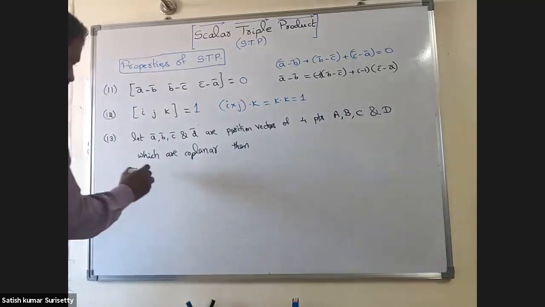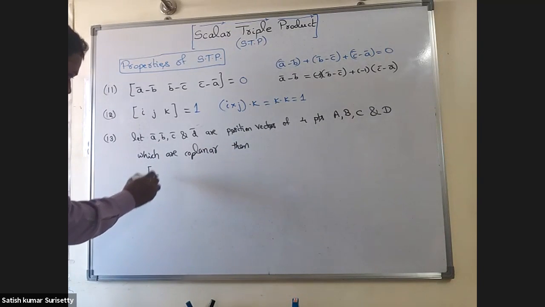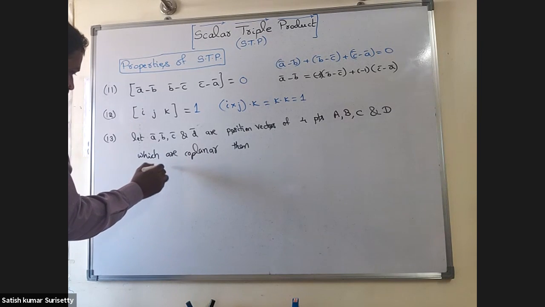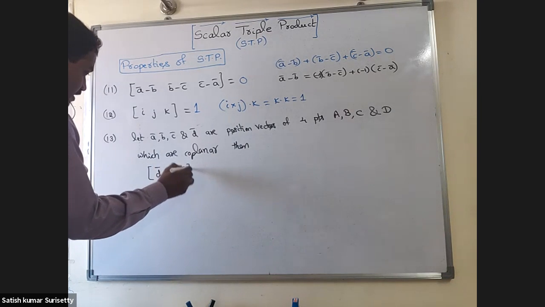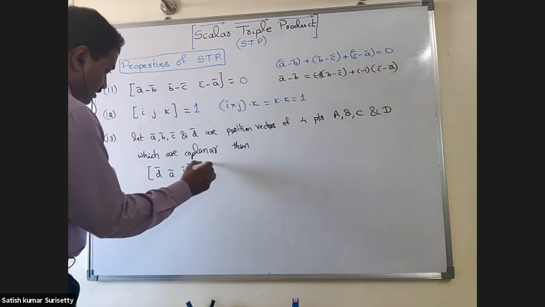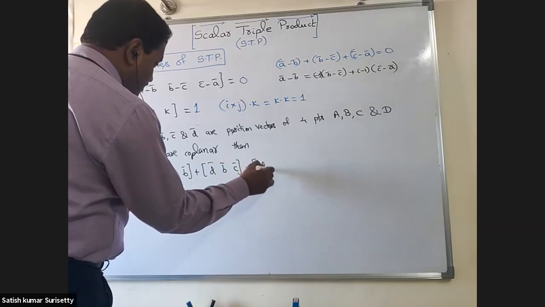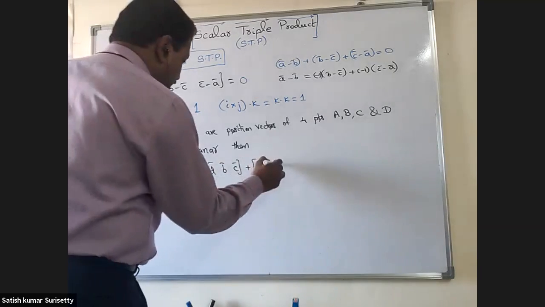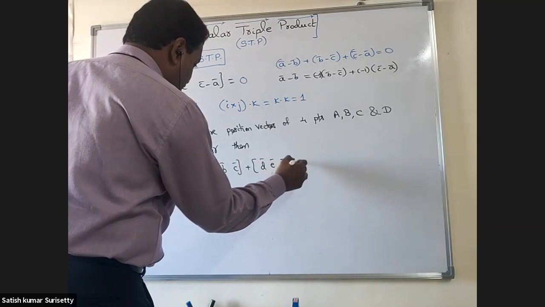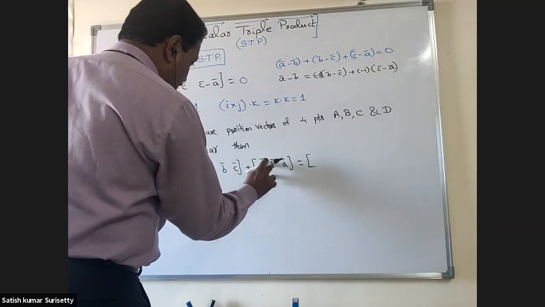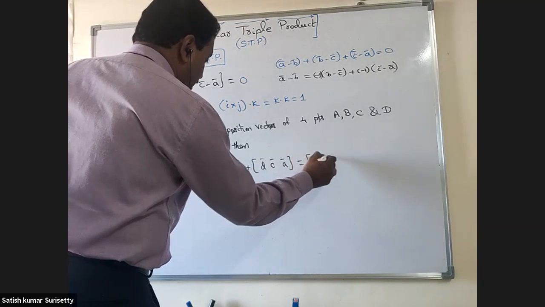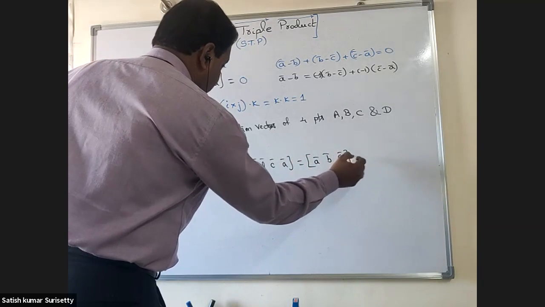Then scalar triple product of D bar, A bar, B bar plus scalar triple product of D bar, B bar, C bar plus scalar triple product of D bar, C bar, A bar equal to scalar triple product of A bar, B bar, C bar.